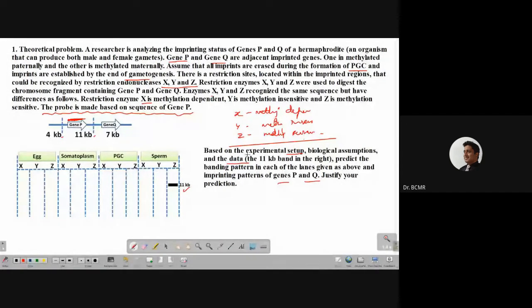So first thing, gene P is paternally methylated. Okay, we don't know which one is paternally imprinted, which one is maternally imprinted. Gene P and Q are given, and one of them is maternally imprinted and one is paternally imprinted. Okay, can you try to solve it?